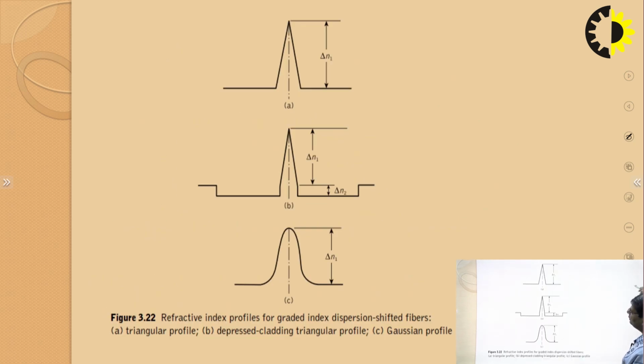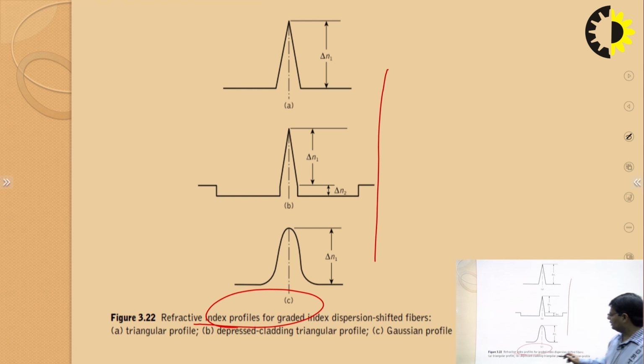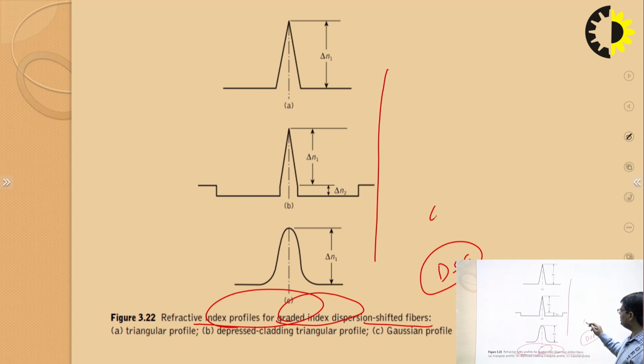These are other examples of the index profile. We can get different types of fibers by modifying the index profile. So these are the profiles for the graded index fiber, if we have to obtain the dispersion shifted fiber, and the standard single mode fiber is basically a graded index fiber.